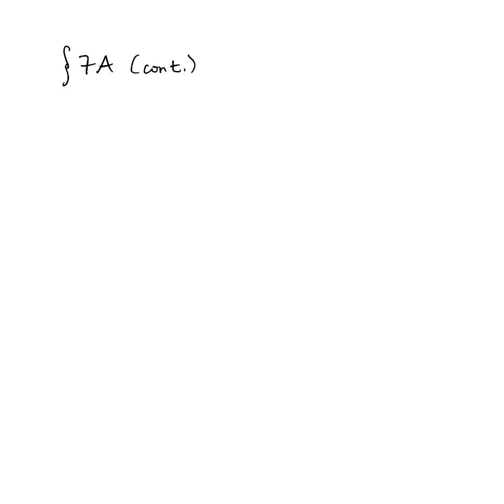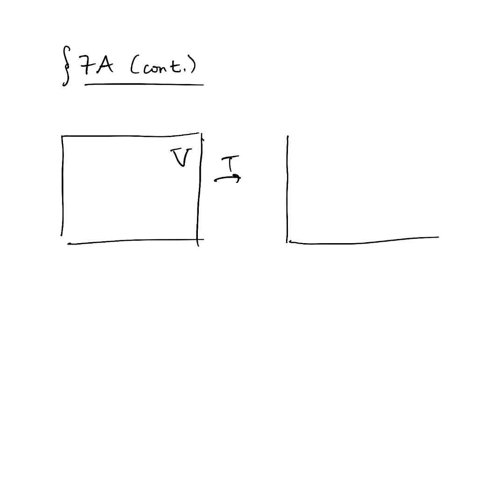The setup for reference is we have an inner product space V. We have an operator T that takes inputs from V and produces outputs in V. And we know the adjoint in general is connected to the original operator T in this way.